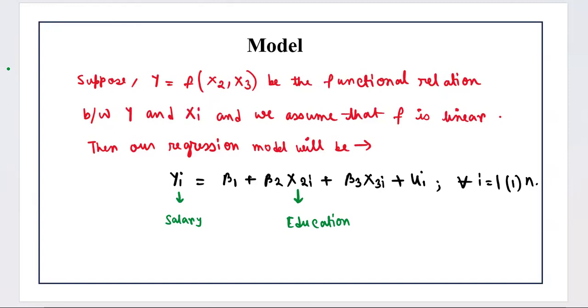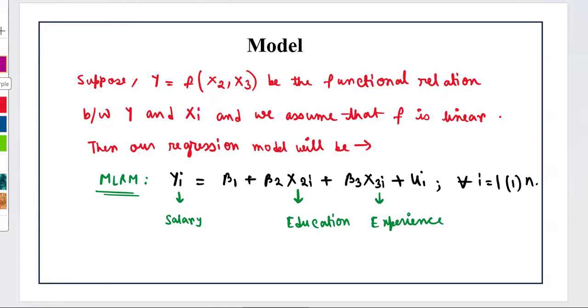We are saying that salary depends on the level of education and the level of experience. If you want to model this particular situation, then you have to take the help of the multiple linear regression model. This is the classic multiple linear regression model, and you can extend the number of independent variables. Here, for simplicity, we have taken only two explanatory variables, but in general, you can extend this model to n explanatory variables according to your need.